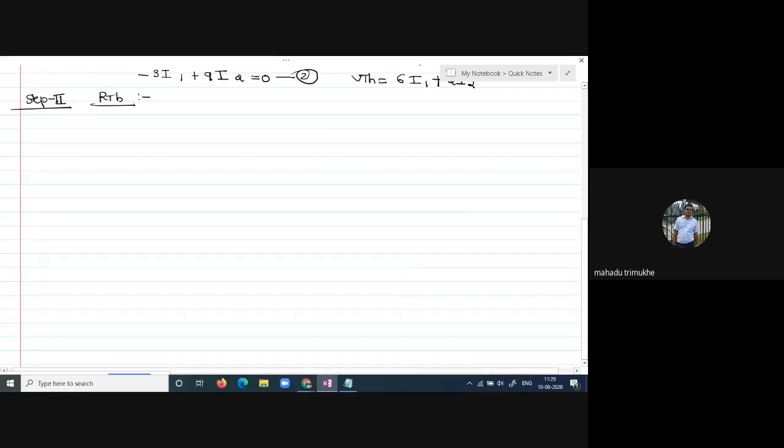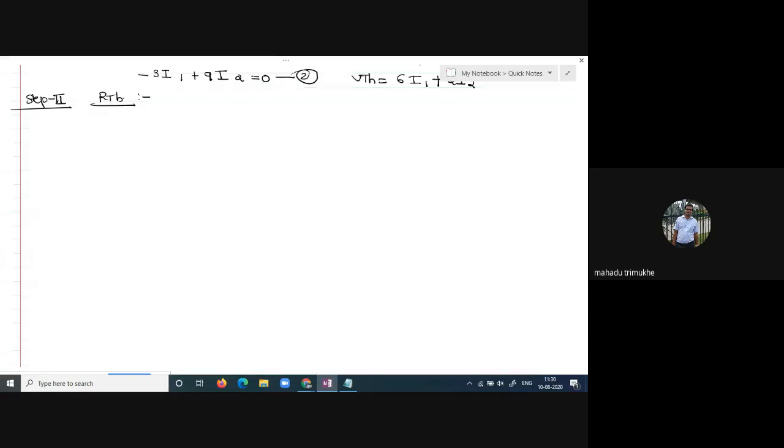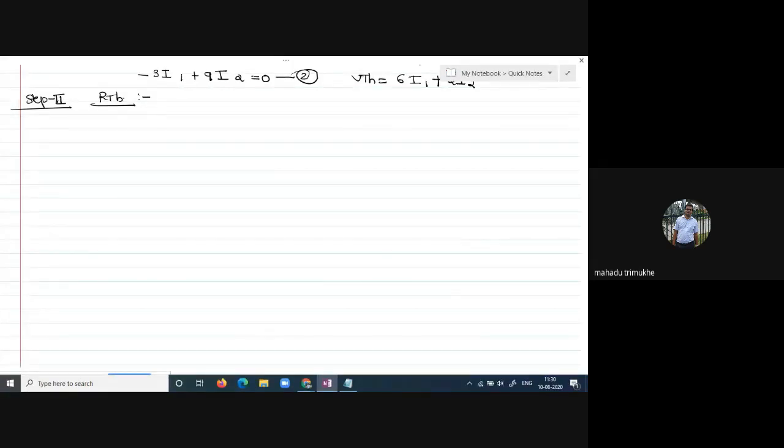I already discussed that for calculating RTH, you turn off all the sources, and whatever load resistors you have open, you keep as it is. Our aim for calculating RTH: turn off all the sources, and calculate the total resistance of the circuit.